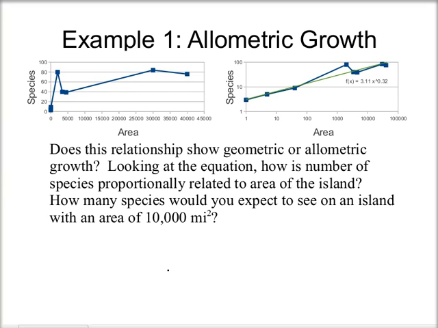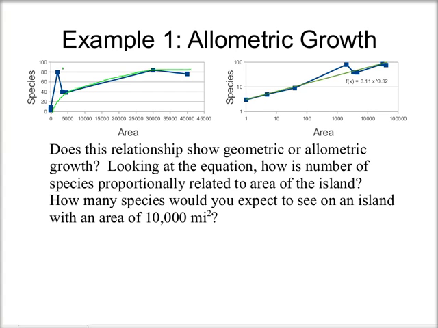So I'm going to give myself some more room here. So first, let's look at the relationship and decide if it's geometric or allometric growth. Well, this certainly doesn't look like a straight line, so that's not going to be geometric growth. It looks more like a curve. Maybe I could draw it as kind of this type of curve here.